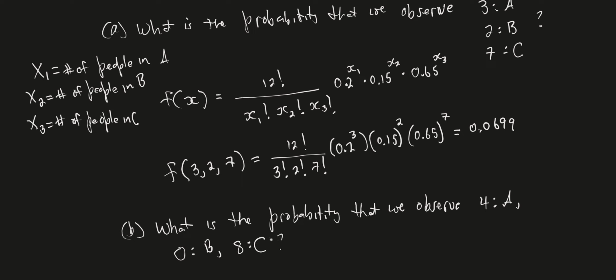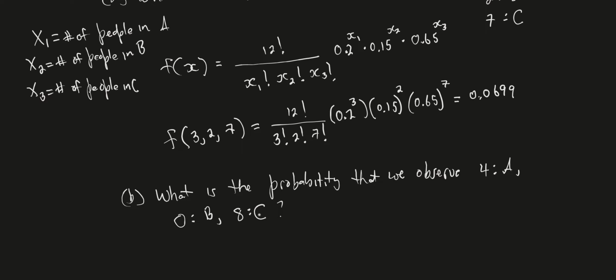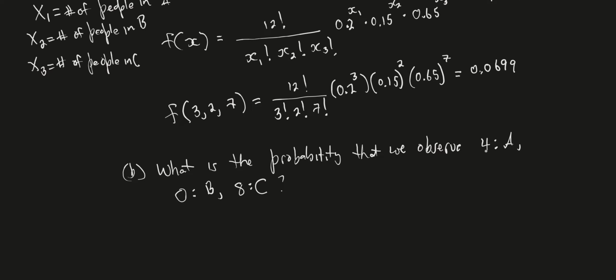What is that probability? Well, in that case, our vector now would be 4, 0, 8. And that's where the order is important, right? Because we know that, just like in a vector, you can't just switch the components around and get the same vector. No, you change it around, you change the occurrence, you change the event, right? So in this case, it will be 4, 0, 8.